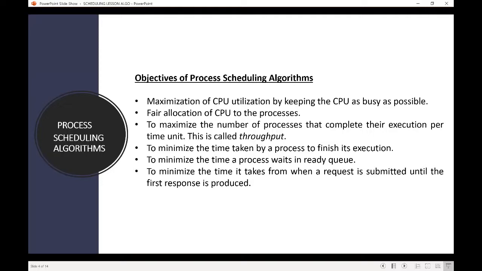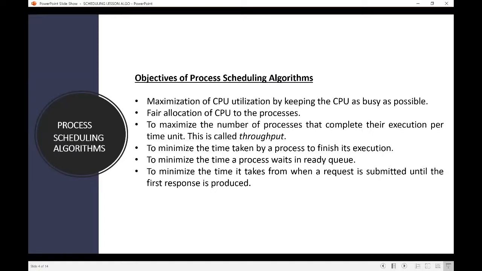It is fair allocation of the CPU to the processes. So the scheduling algorithms will know which process has come first, which one has high priority, and which one has low priority.